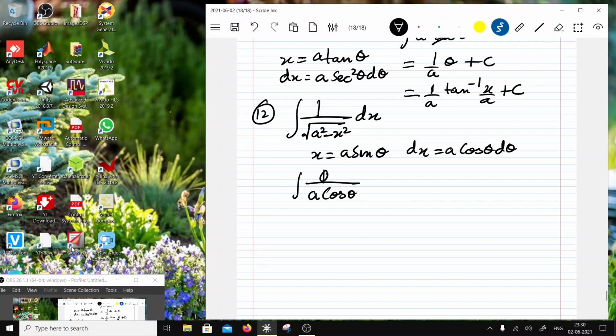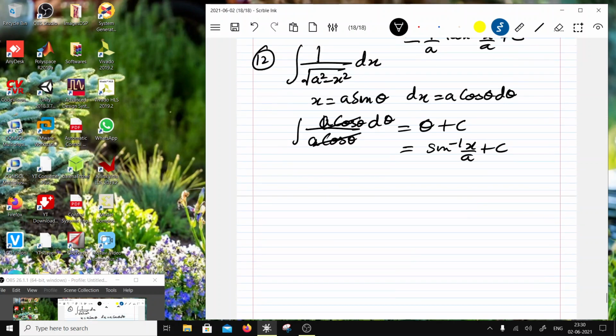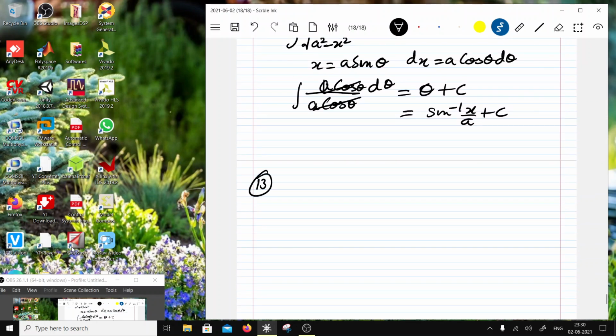So then you can represent this with a cos theta d theta over a cos theta. Then you are left with theta plus c, and then theta is equal to sine inverse of x by a plus c. So that's done. Let's look at the 13th one.